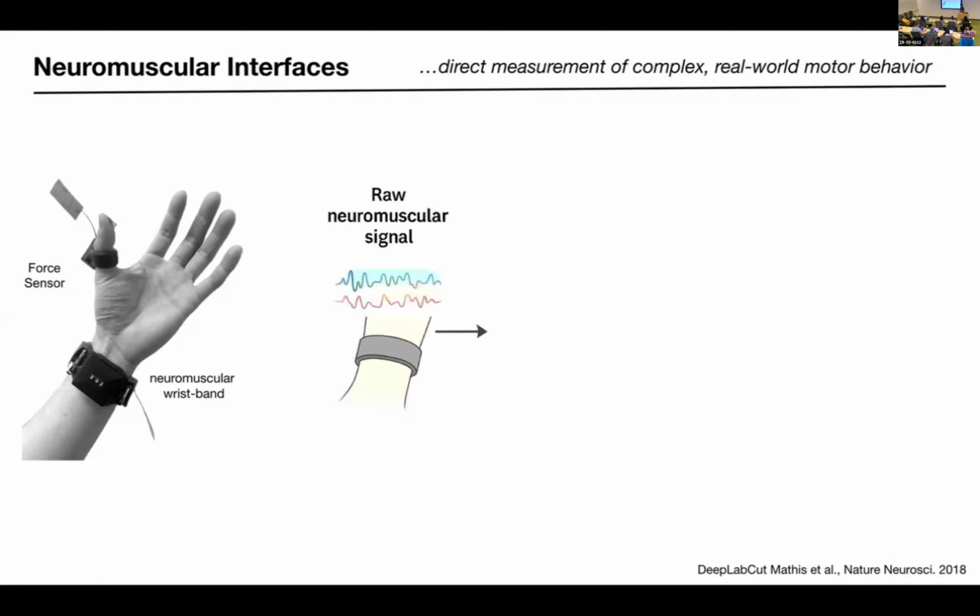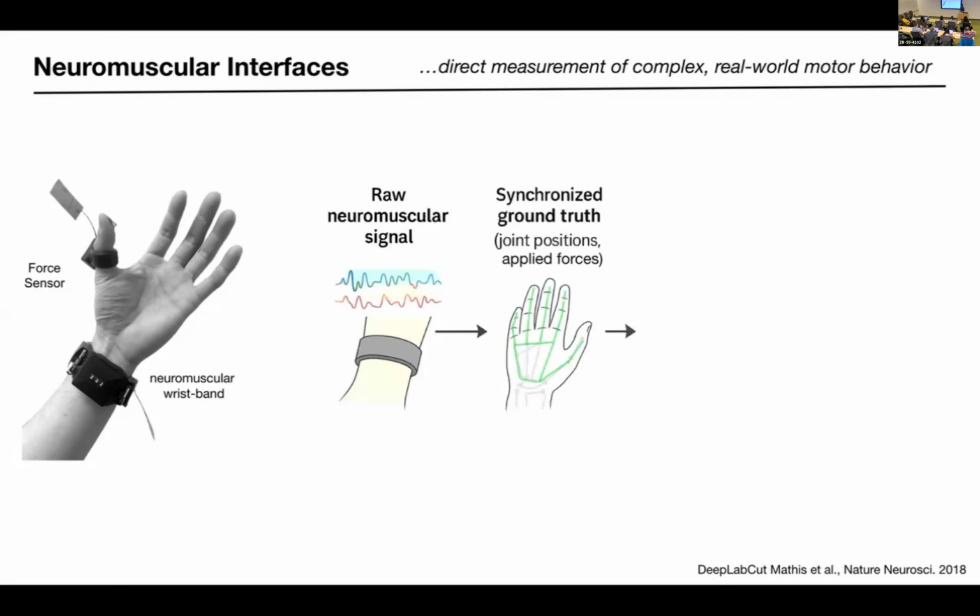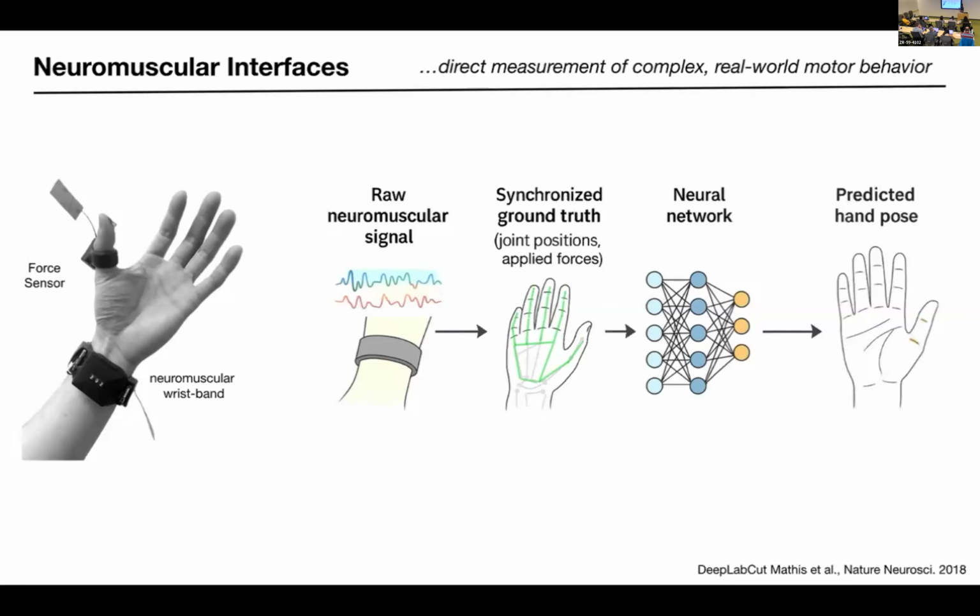We take this data and align it to measurements of ground truth, such as cameras and force sensors in a very controlled environment. We throw all this into deep convolutional neural networks with some tricks, and we try to predict hand pose directly from raw neuromuscular signals.